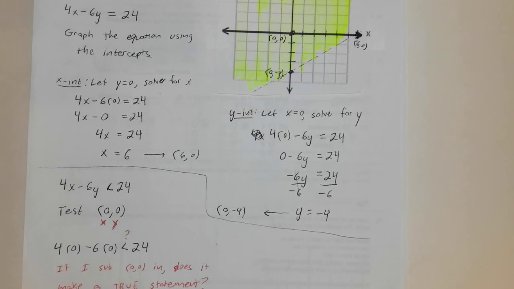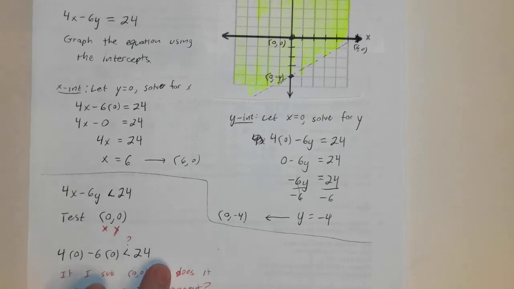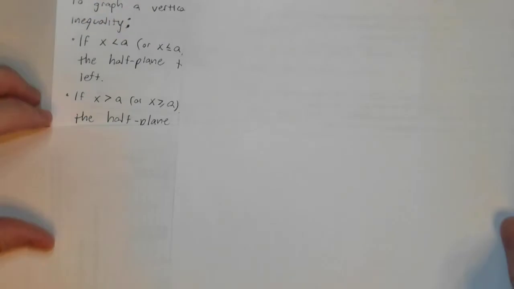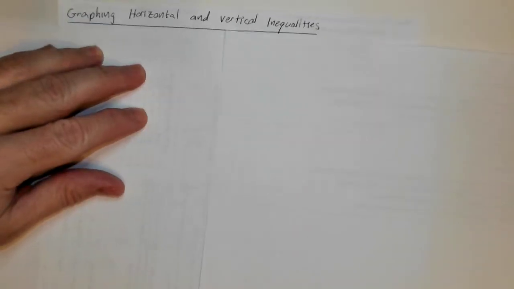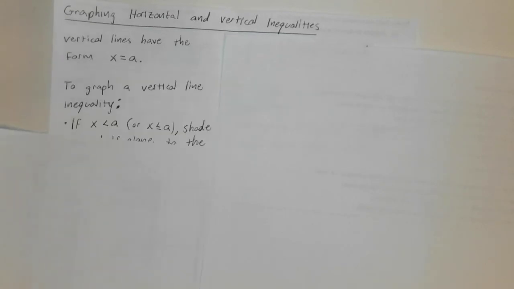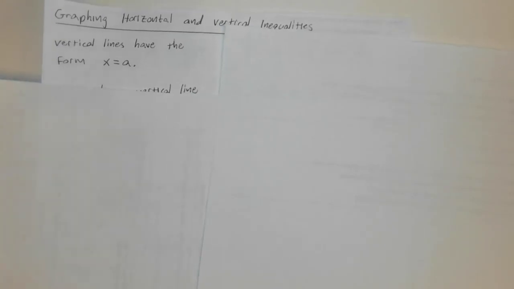I'm going to tell you one more thing, and then I think we'll probably stop the video. I want to discuss graphing horizontal and vertical inequalities. The first one we're going to talk about is vertical inequalities. Remember, a vertical line is of the form x equals a.